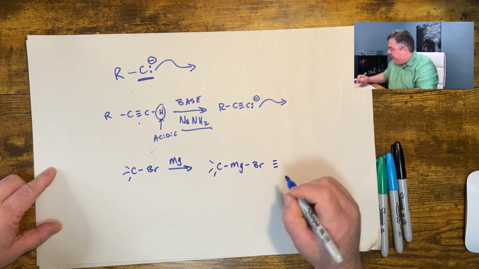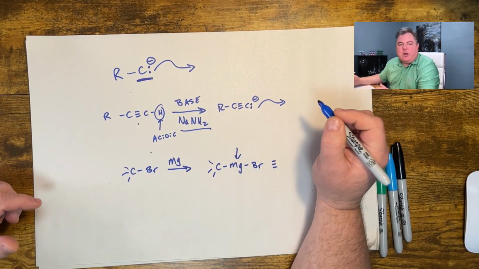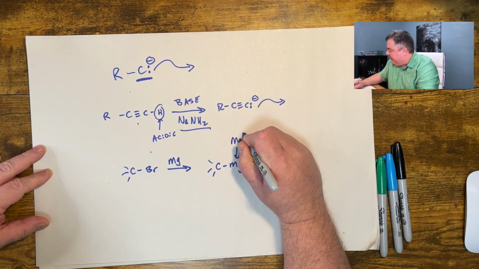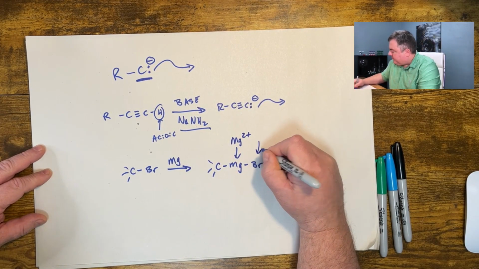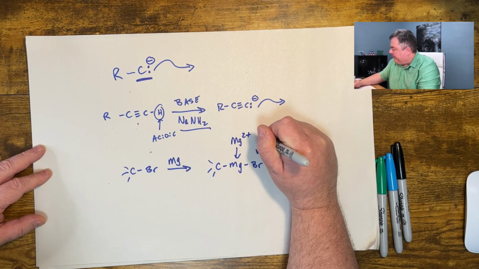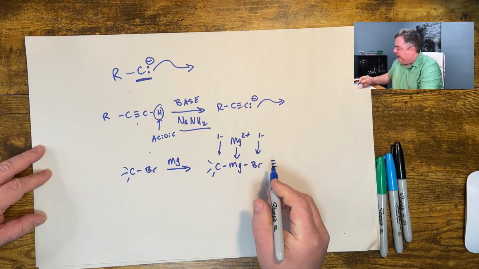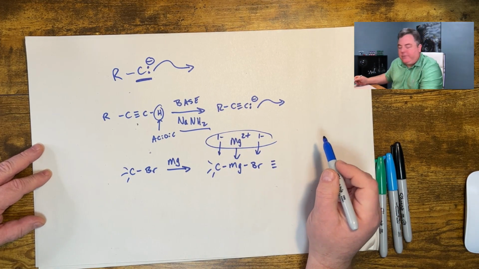You can think about this whenever you see magnesium. We think about that as being positively charged. Magnesium likes to be +2, and this bromine likes to be -1, so this carbon then also likes to be -1. So all of this adds up to 0.